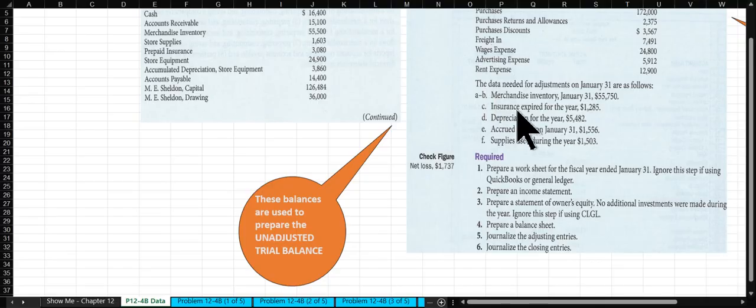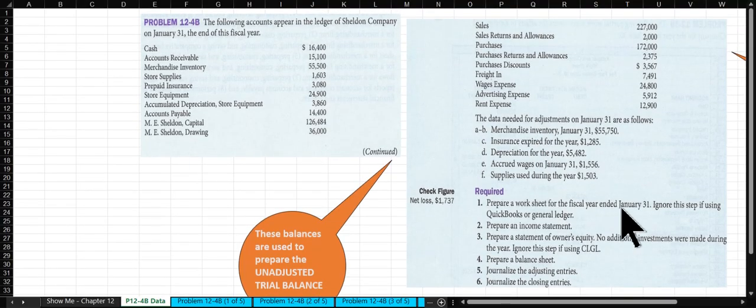The first one has to do with merchandise inventory. At the end of the year, it's $55,750. And we know that the firm is using the periodic inventory method because here you see the purchases account. So what we have to do is close out the beginning inventory and then record the new ending inventory.